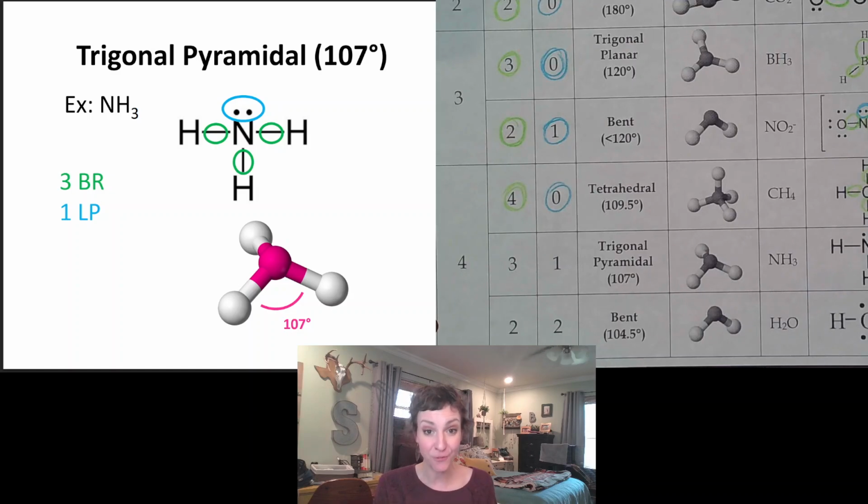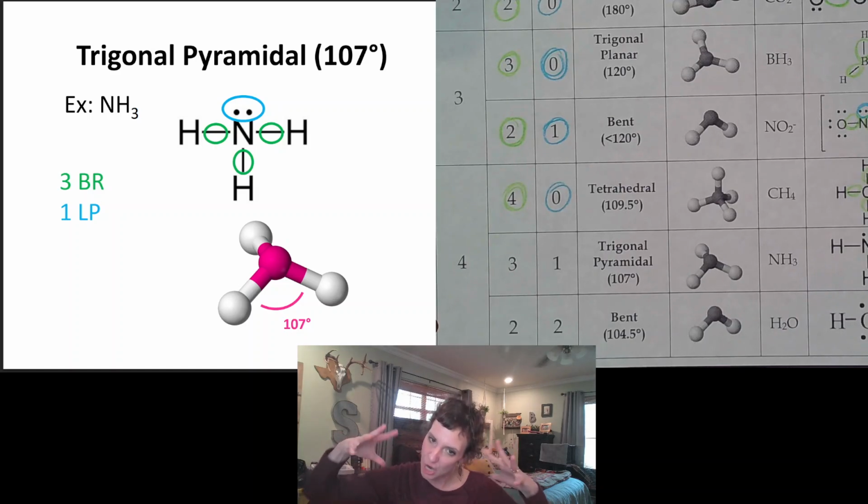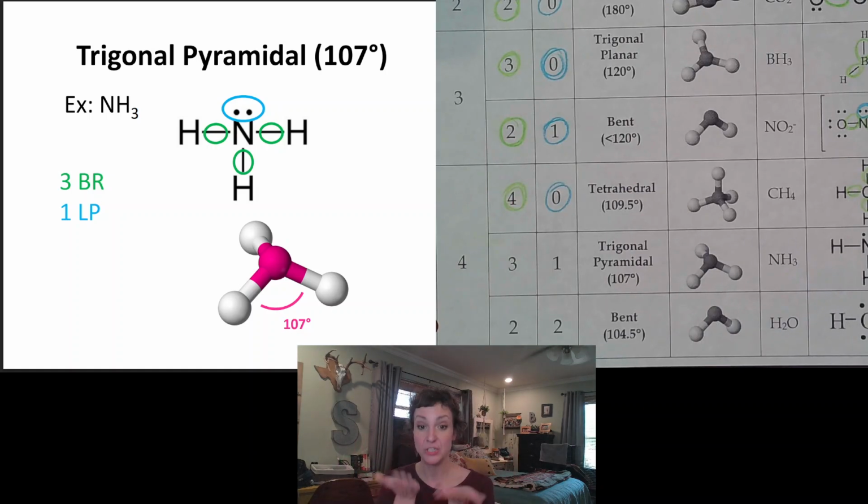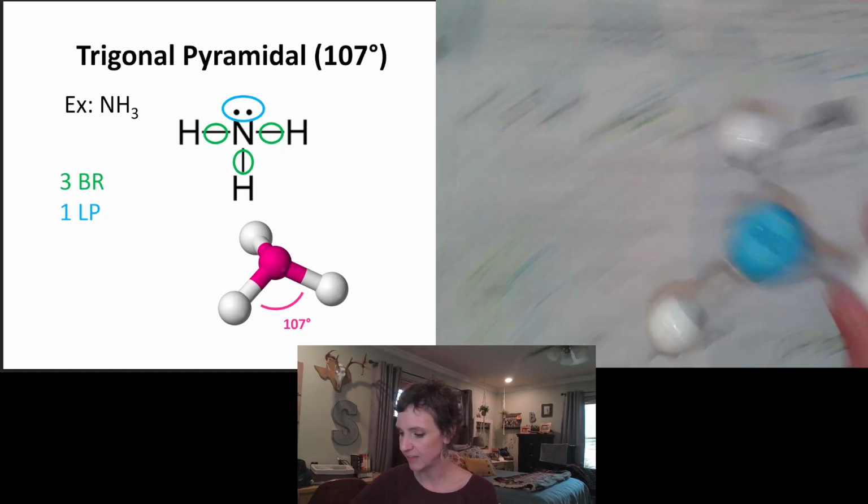Remember we mentioned on the previous examples with that first bent shape that the lone pair takes up more space than my bonds do. So my bonds have to accommodate that and squeeze in a little tighter, which explains the decrease in the bond angle that I see here. Okay, so that's super cool, super fun. We love that so much.